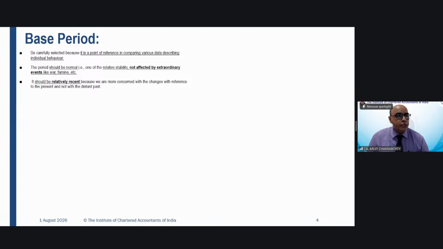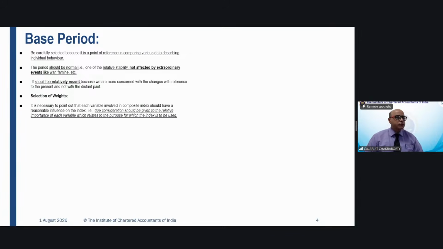Second is it should be recent. क्योंकि आज 2026 में if I want to compare the price of a commodity in 2026 with the price in 1995, now that is too far back. So we should think of a recent year. ऐसा एक वर्ष हम लोग को चुनना पड़ेगा जो कि recent भी होगा, संग संग ऐसी वर्ष है जहां पे there is no instability. So ये दो बहुत खास, very special two characteristics of the base year.